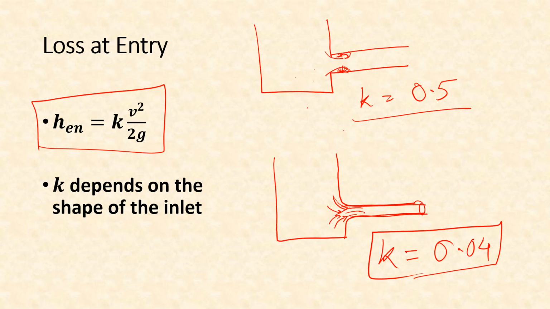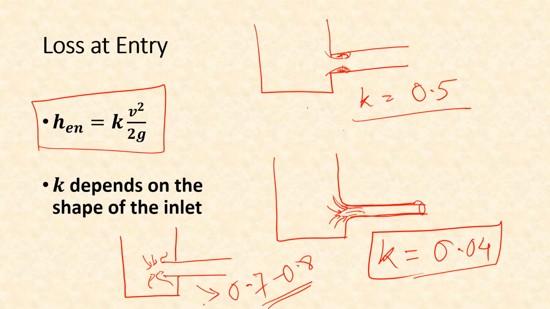If you want, you can increase this value by making the inlet a little bit difficult. That means flow will be entering like this. So in that case, it can go up to 0.7, 0.8, etc.